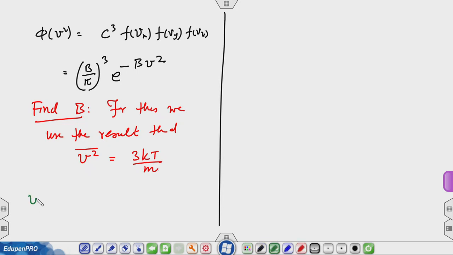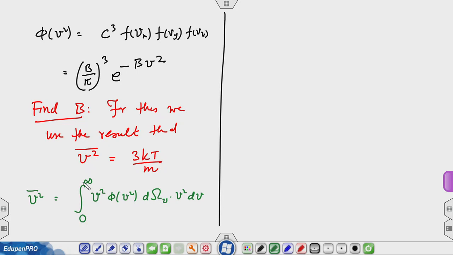So v square average is going to be the integral of v square phi(v square) d omega v square dv, and v varies from 0 to infinity since we are using spherical coordinates.